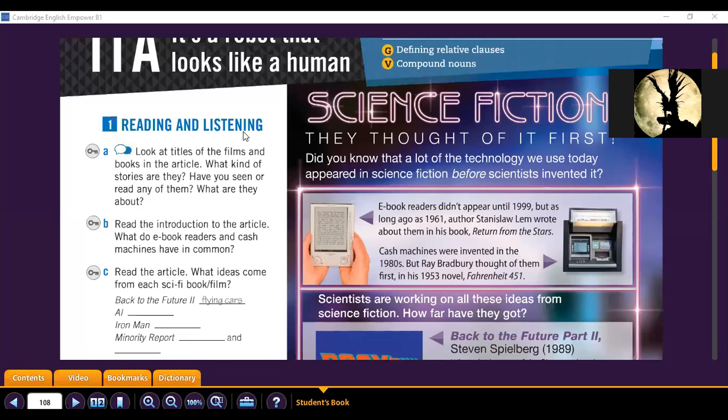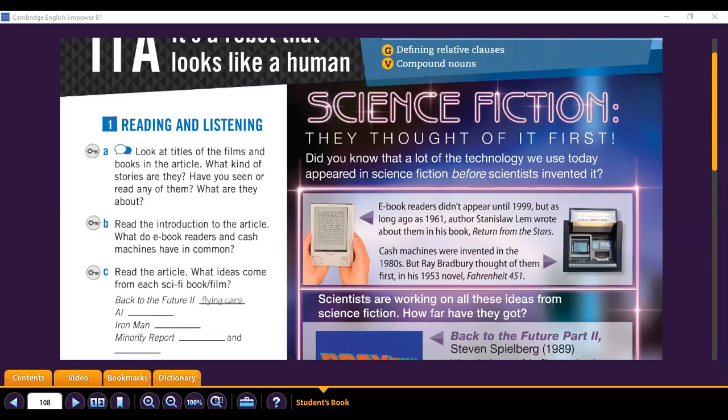Right? Can you see that? So what are we going to do now? Remember that the title or the main objective of this unit was to talk about some discoveries and inventions. So here we're going to see more about the discoveries.